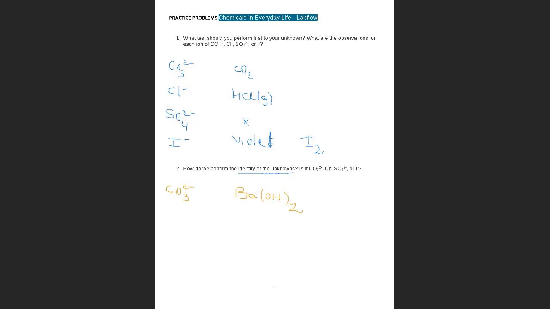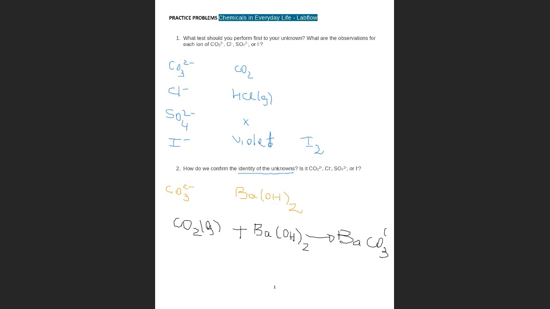Basically, once you add acid to the carbonate, you obtain the gas, right? And then we said that the confirmatory test is the reaction with barium chloride. So what is forming? That is the white precipitate that we are going to observe.